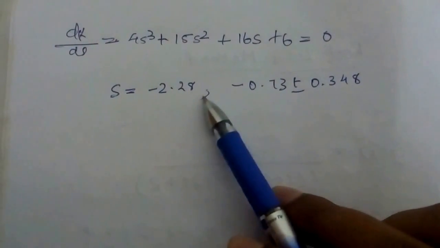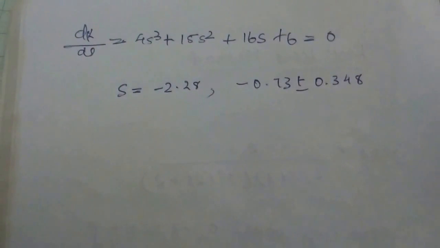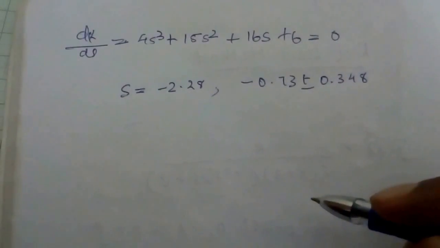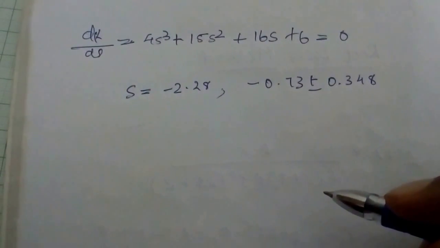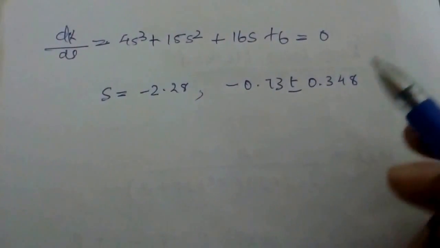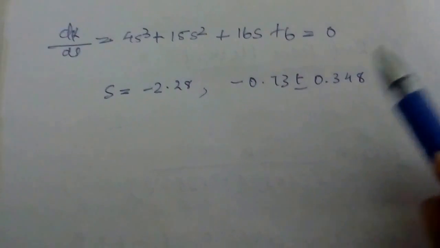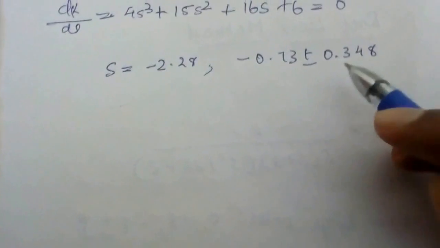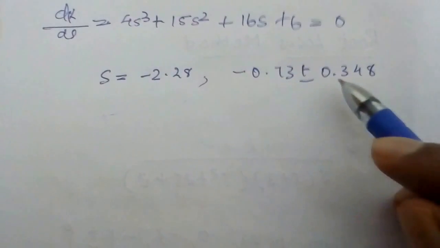So first of all, start with minus 2.28, and when we substitute minus 2.28 for s, we get a positive and real value. So that's a breakaway point. Minus 2.28 is a breakaway point, and we should consider this point.